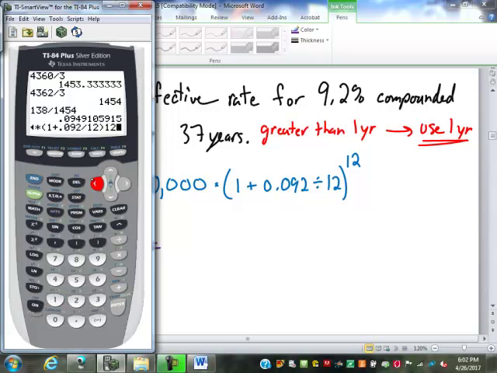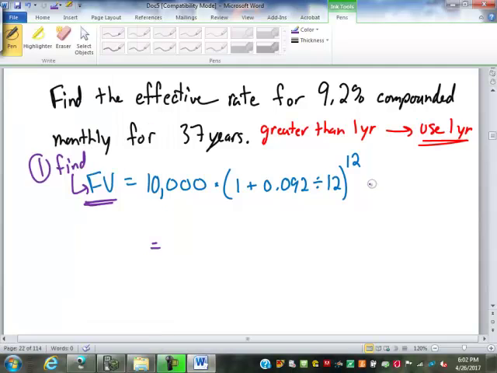That isn't going to work. Definitely didn't work. Let's try that again. $10,959.80. Yes, that's the future value.